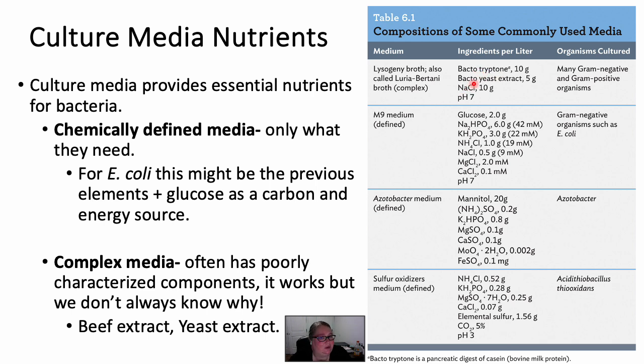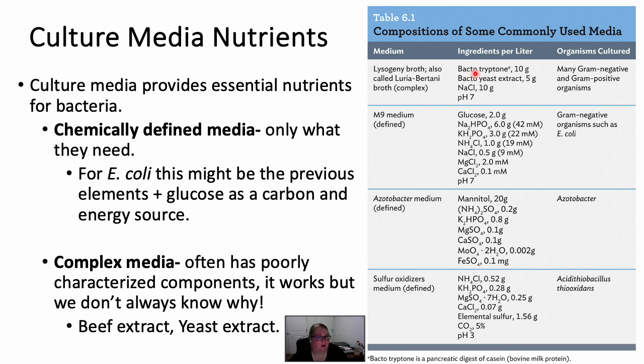We also have bacto yeast extract, where we grind up yeast and add it to the media. And we have about 10 grams of sodium chloride and a pH of 7. This would be a complex media because we really don't know what's in the yeast extract. We don't know exactly what is in the bactotryptone. We just know that it works.